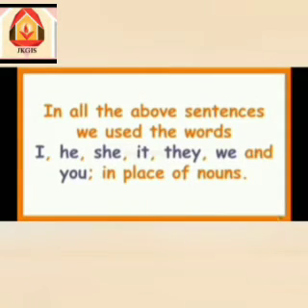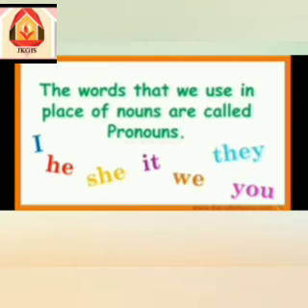Friends, in all the above sentences, we use the words I, he, she, it, they, we, and you in place of nouns. And remember, the words that we use in place of nouns are called pronouns.